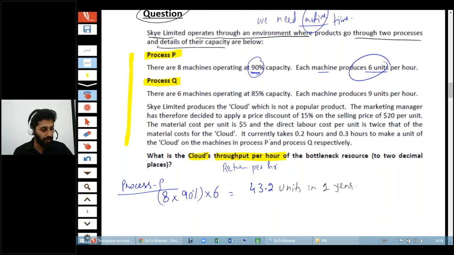The next story would be that these 43.2 units will be transferred.